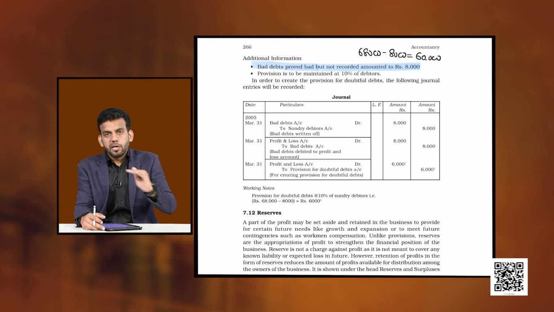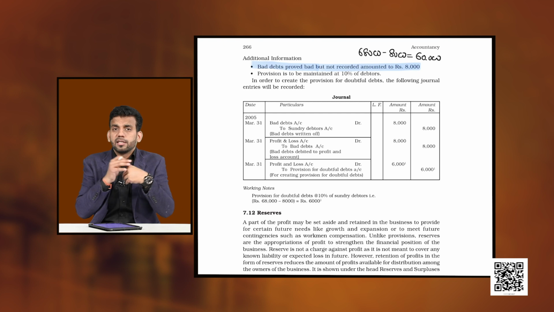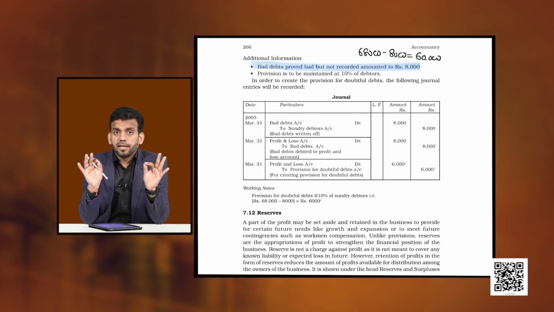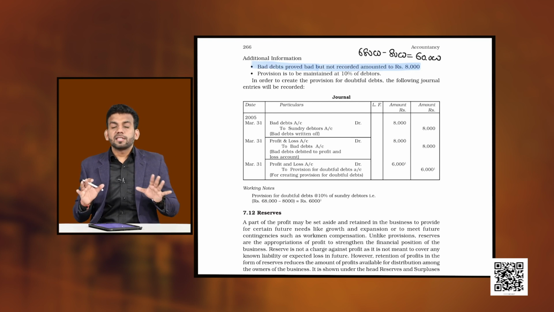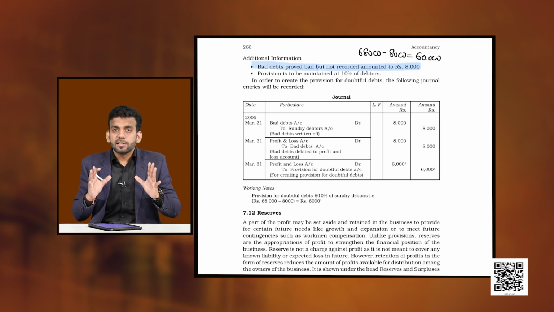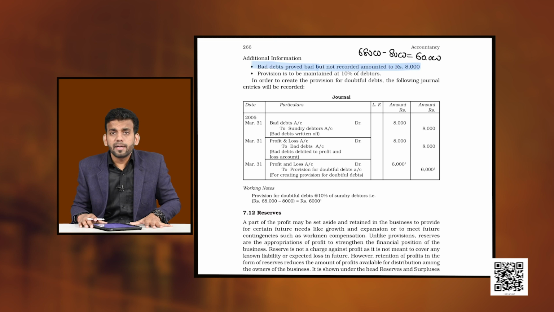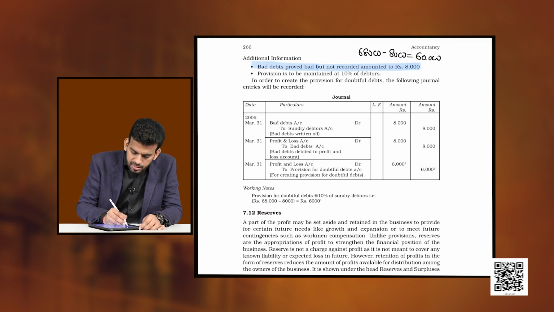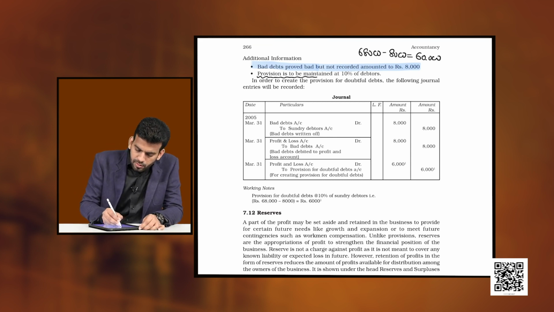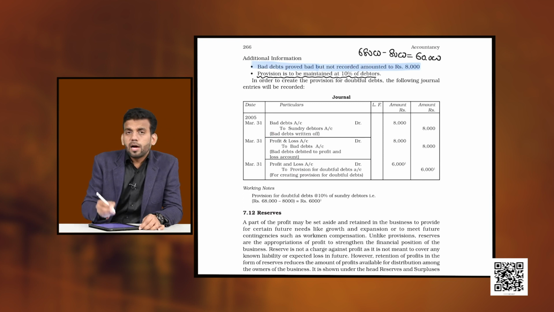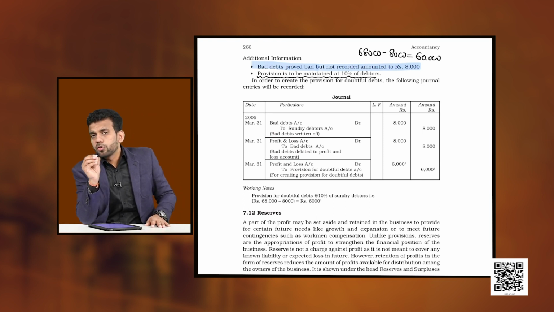The way a machine gets depreciated, in the same way these debtors are getting reduced. 8,000 are reduced. But after facing such an incident, the manager thinks he must be very conservative. He must anticipate such future losses. So what did he anticipate? He anticipated that there should be a minimum provision of 10% on the remaining debtors. Why?